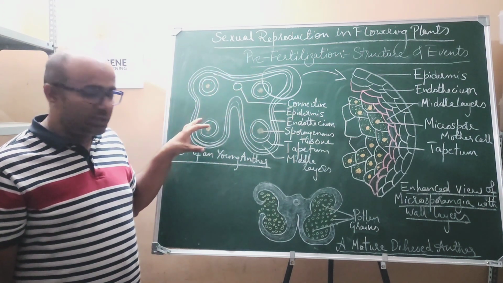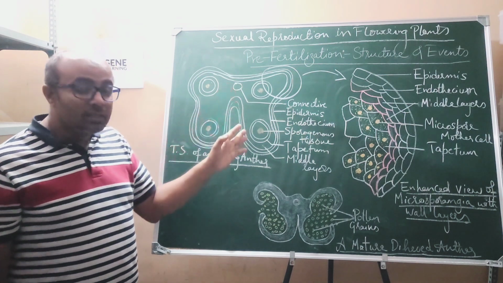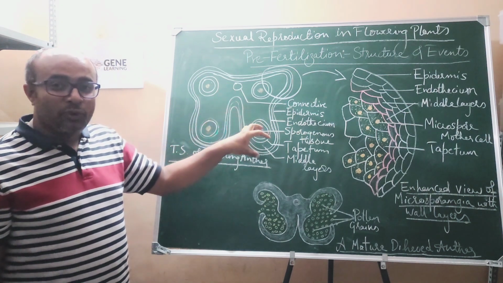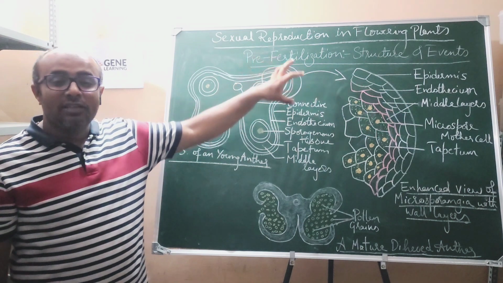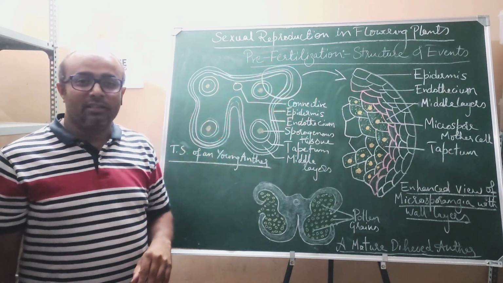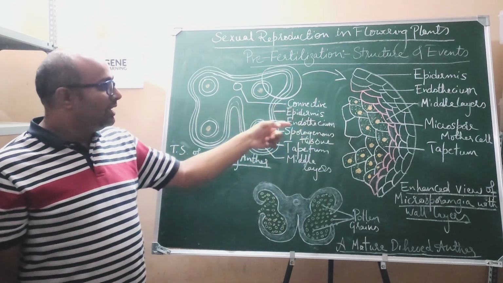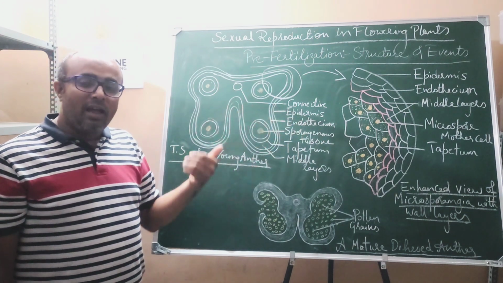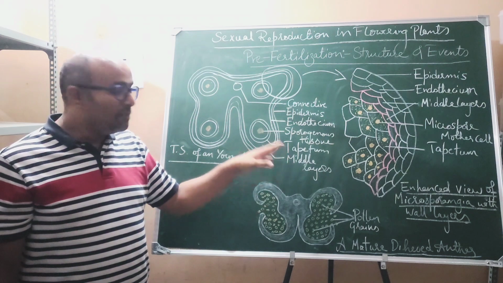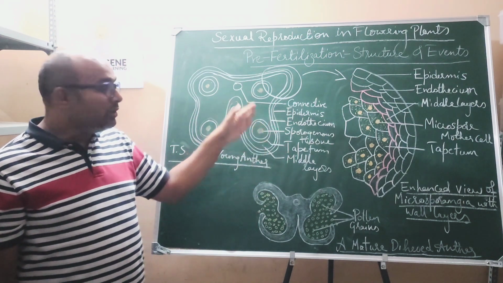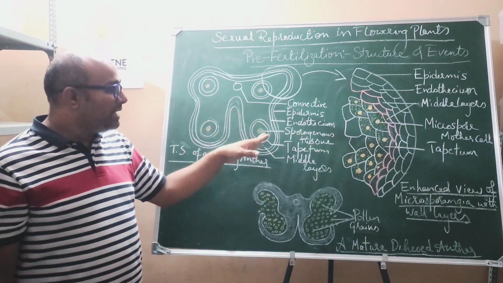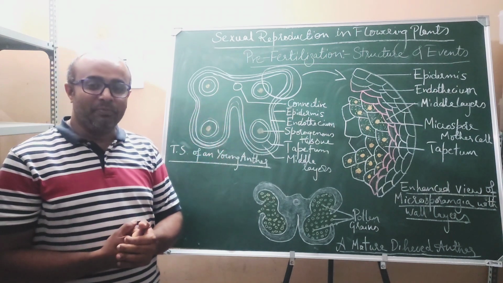Now this microsporangium is surrounded by layers: the outer epidermis, the inner endothecium, then the middle layers, and the innermost layer is called the tapetum.